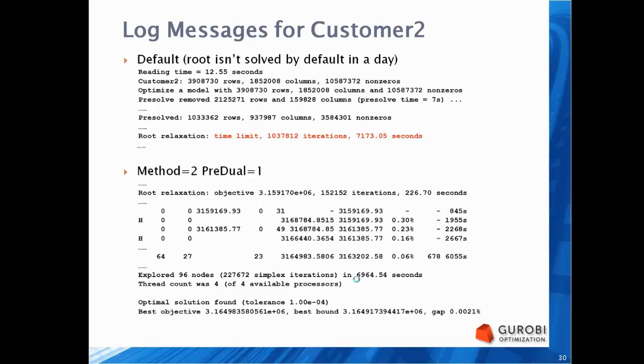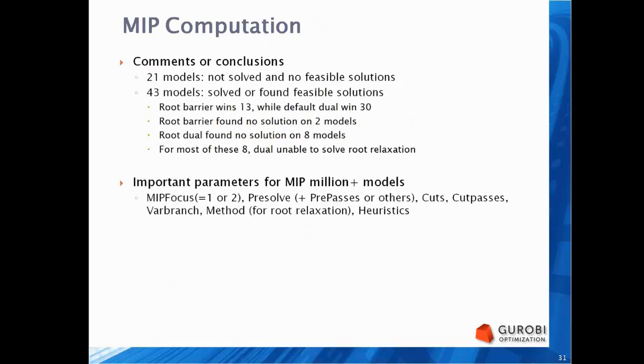Now here is the summary. The comment: we have 21 models we are not able to solve, with no feasible solution. MIPs are hard, especially these very large models. That's not surprising. But for 43 models, we are able to solve or find a good feasible solution.